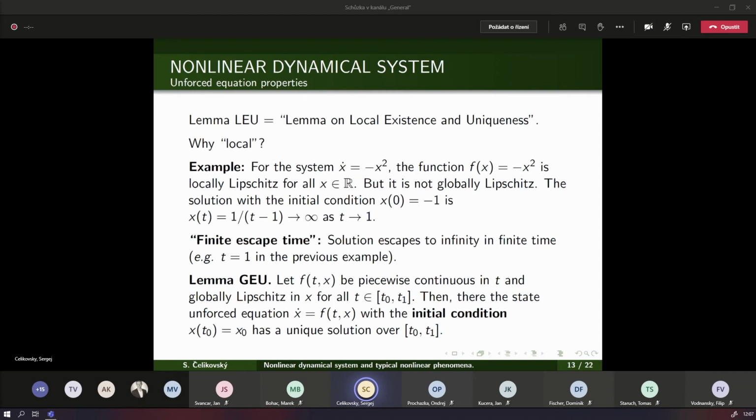It's not so short, but yet we would like to have solutions maybe on a longer future horizon. This phenomenon is called finite time escape. The solution escapes to infinity in finite time. Here at time t equal to 1, the solution in fact very strongly goes to infinity.